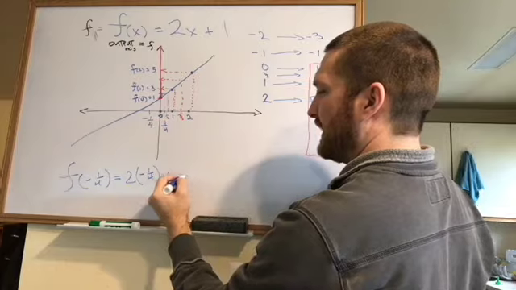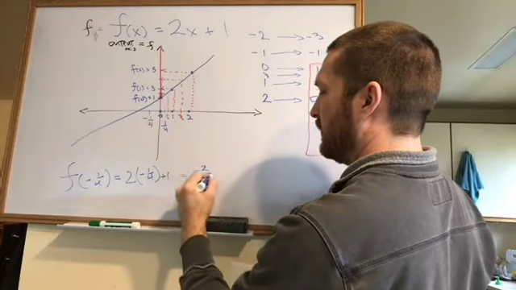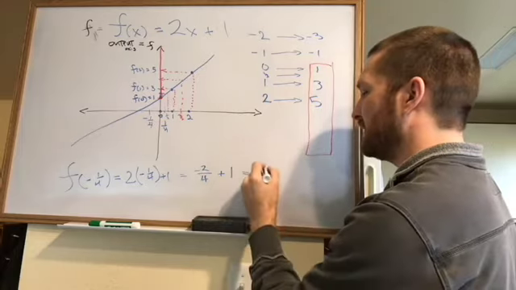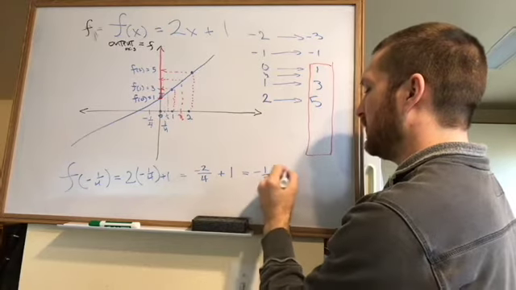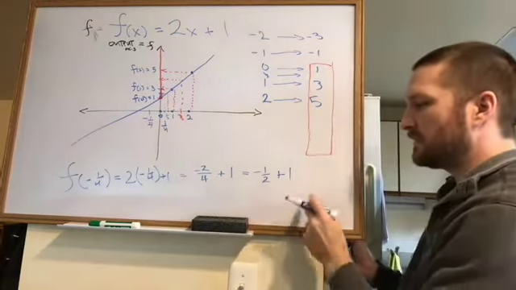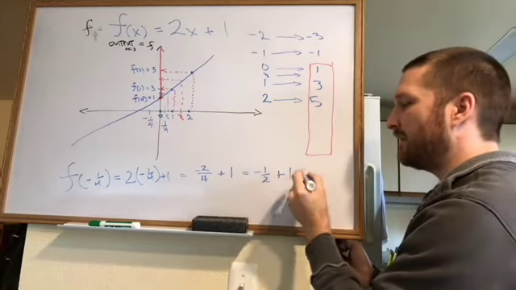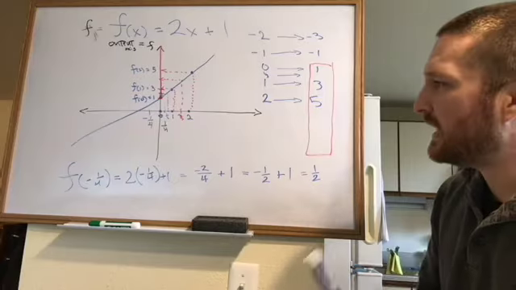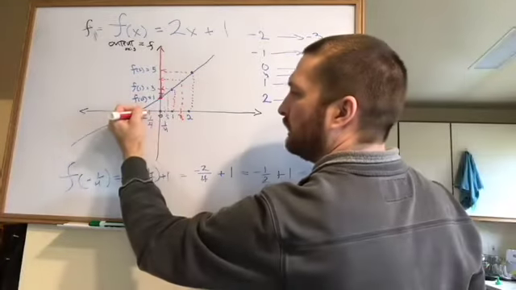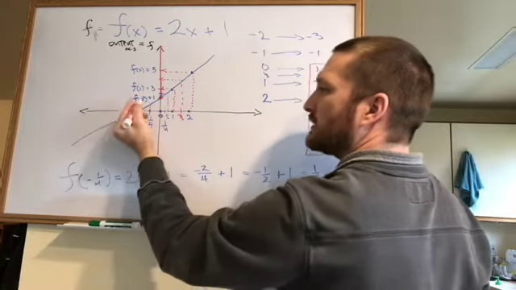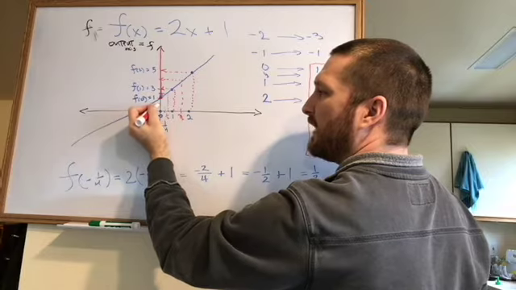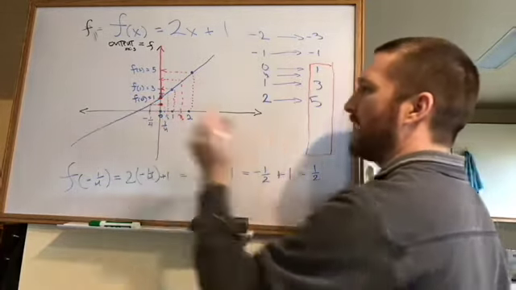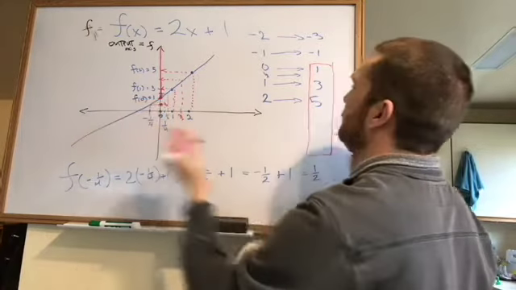Well, let's see. That's the same as -2/4 plus 1. -2/4 is the same as -1/2 plus 1. Well, that's 1 minus 1/2. That's just 1/2. Okay. So I plug in -1/4. And what gets hit? Well, it tells me to go here, and then the output value gets hit. It's right there. So that is 1/2 does get hit.